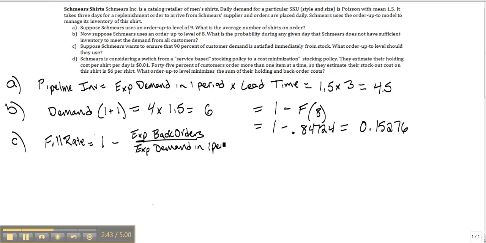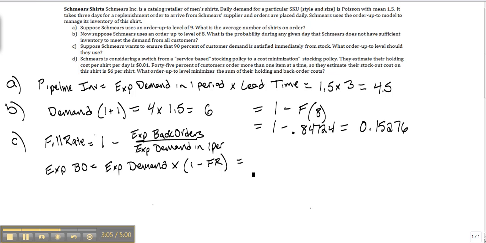We can rewrite that formula in terms of expected back orders, which are equal to expected demand times 1 minus the fill rate.